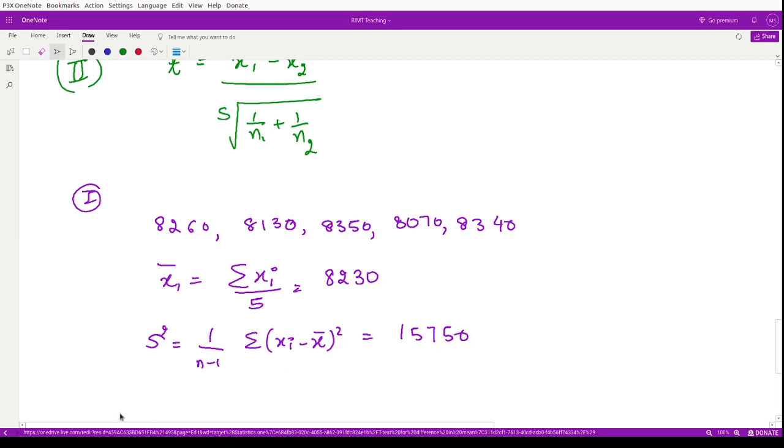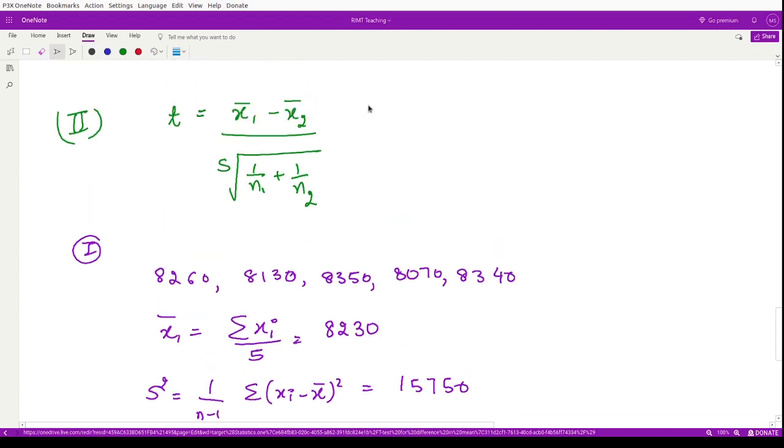And here obviously n, let me call this n1, is equal to 5. So from here you obtain x1 bar as 8230. Now we do not yet know what s is, but we know n1, that is 5.